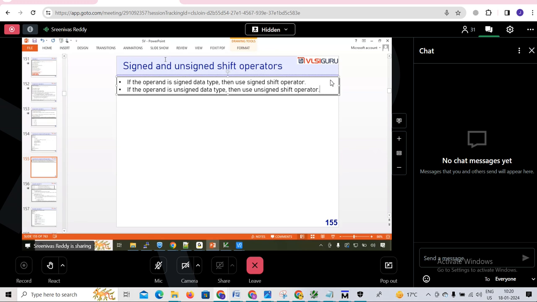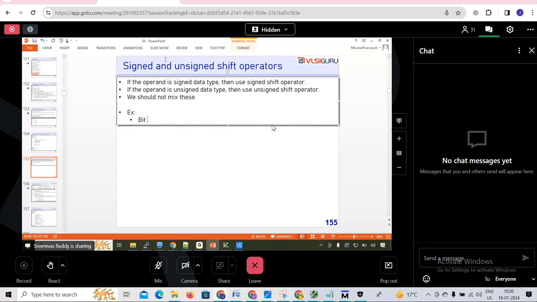The reason is, we should not mix these. Example, I have a bit vector, down to 0. I give bit vector equal to 8'b10001.